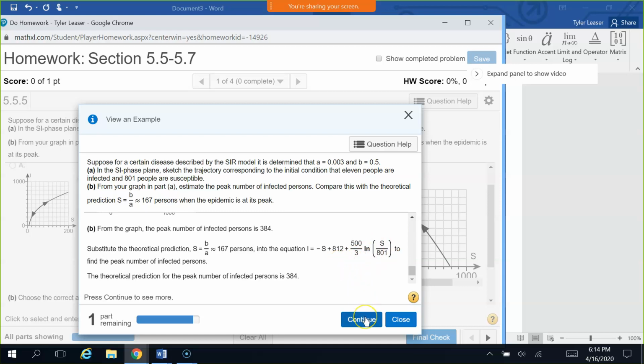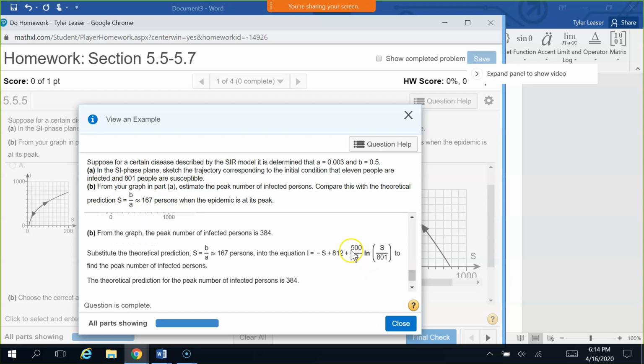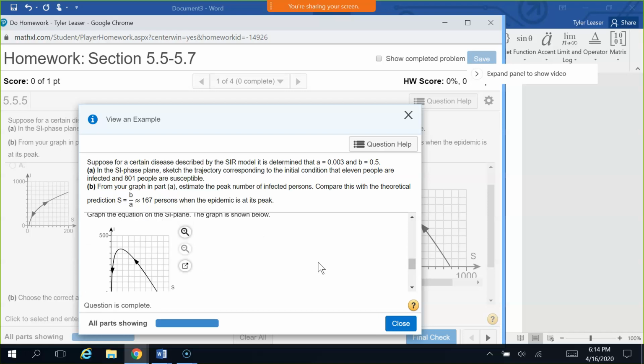7 plus 812 plus 100 divided by 3 ln 7 divided by my number is... that didn't work.